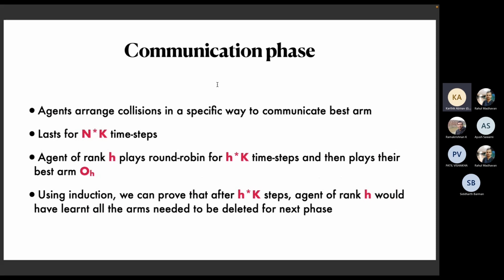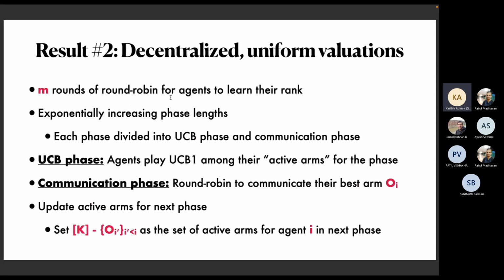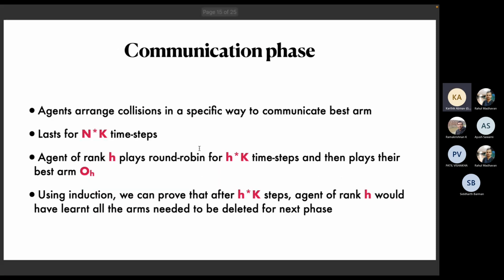Similar to how we did this coordination of n rounds to figure out the rank, each agent can also communicate its best arm in the previous phase to all other agents during the communication phase, just by playing arms and exploiting collisions in a positive sense. But this is not that interesting because you can assume communication is a black box and the platform can do it, for instance. So in the interest of time, I'll just skip this.